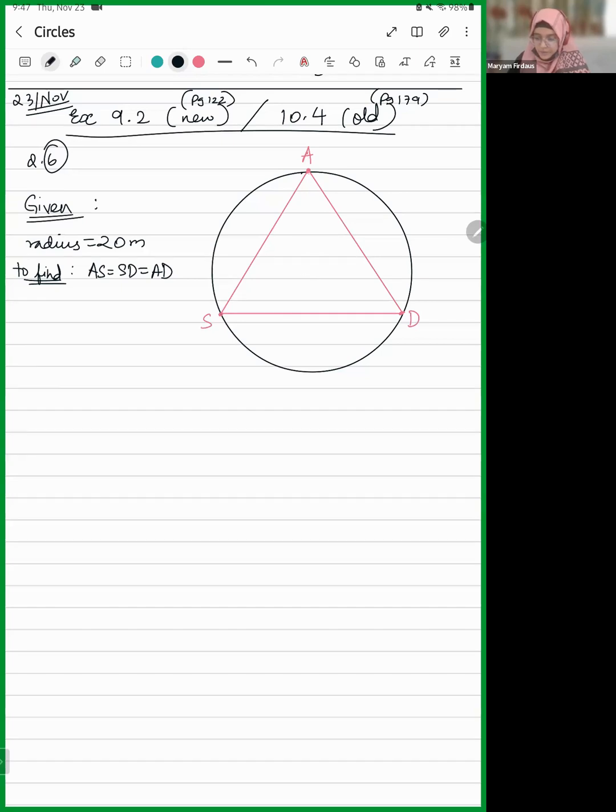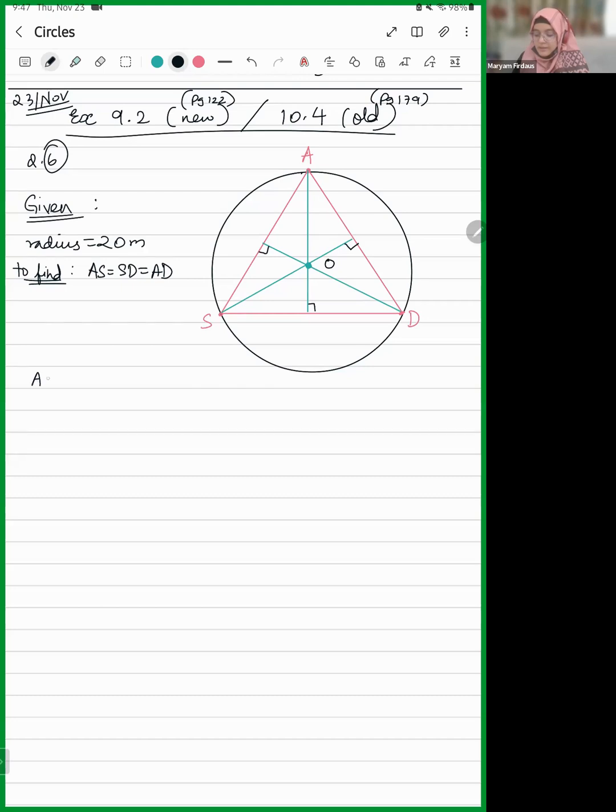See, what we are going to do is, okay, so this point is going to be the center of the circle, or O. Now we know that in an equilateral triangle, now we will write it like this.